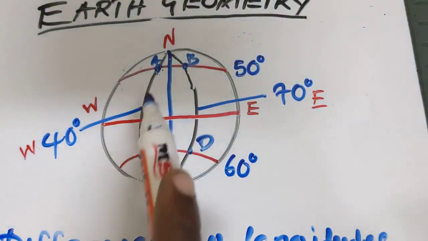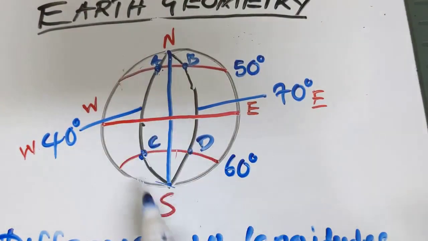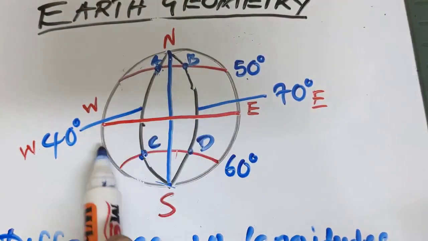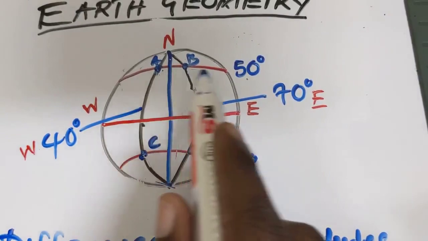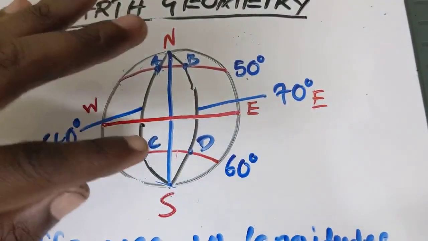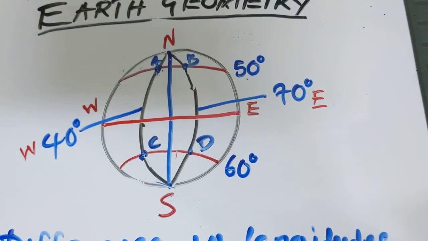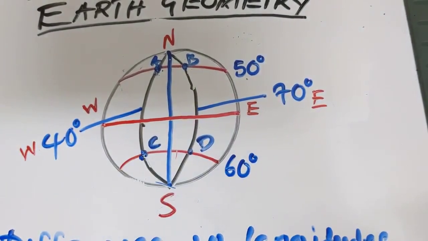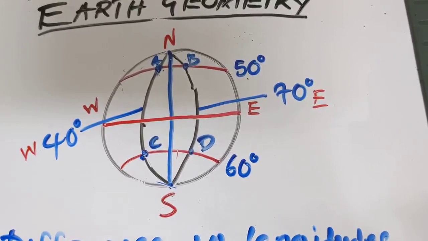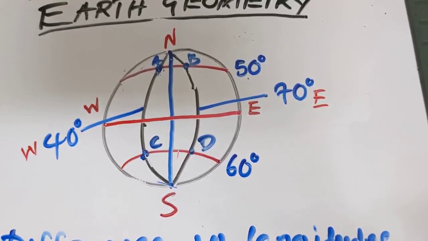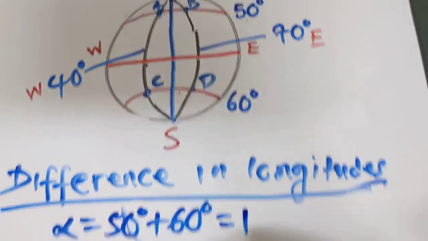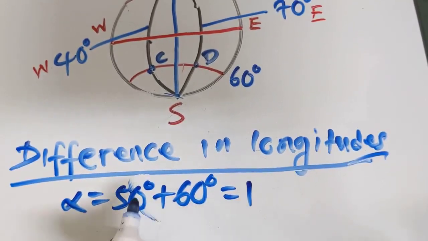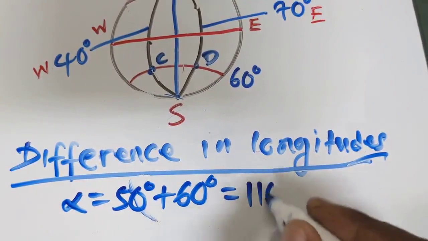So if you want to find the difference between A and C, I said you should use the latitudes. We need to add these, since this one is on the north and this one is on the south. So you need to say 50 degrees plus 60 degrees is equal to what? 110 degrees.